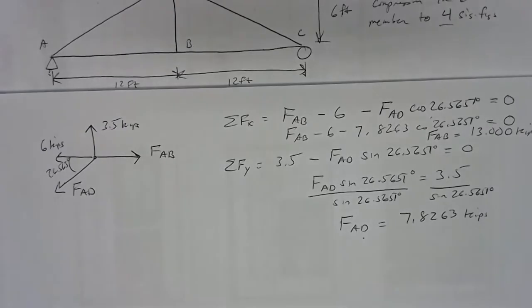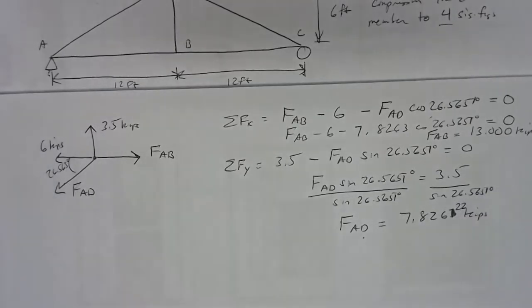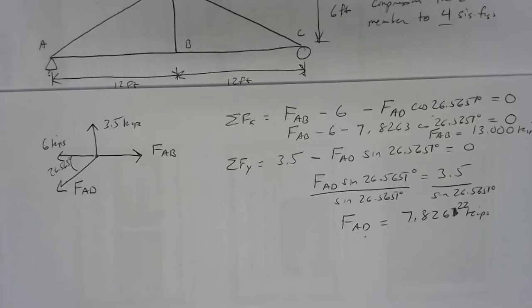And 3.5 divided by 26.5651 sine is 7.82622 to 6 sig figs, and 26.5651 cosine times that, and add the 6 in there.